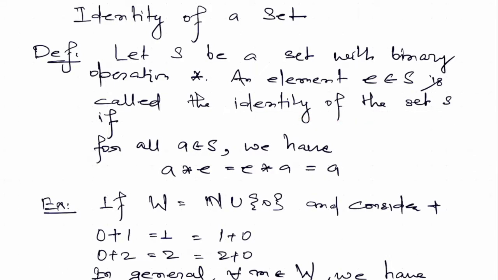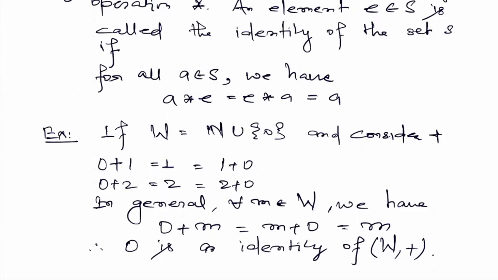So for a set there will be identity, if for all A belongs to S, we have A star E equals E star A equal to A. Basically, if you operate identity on any element, it has no effect. You will get the same element, A.